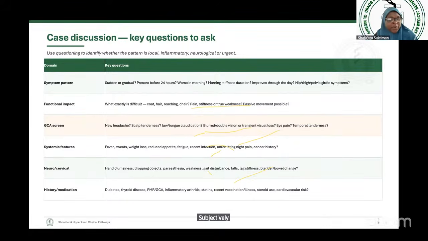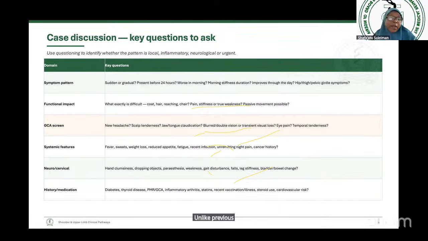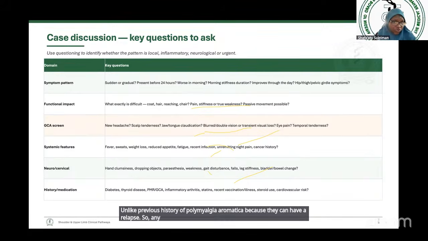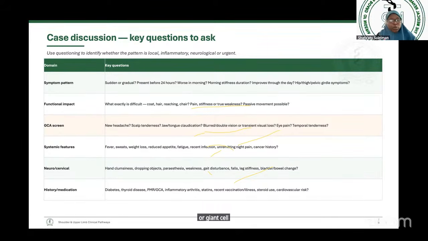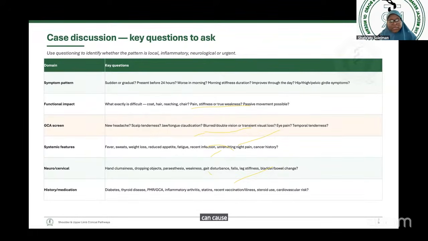And then the history also. Subjectively, is the patient diabetic, any thyroid disease, any previous history of polymyalgia rheumatica, because they can have a relapse? Any previous history of polymyalgia or giant cell arteritis, any inflammatory arthritis? Is the patient on statins? Like I said, long use of statins can cause these symptoms as well.